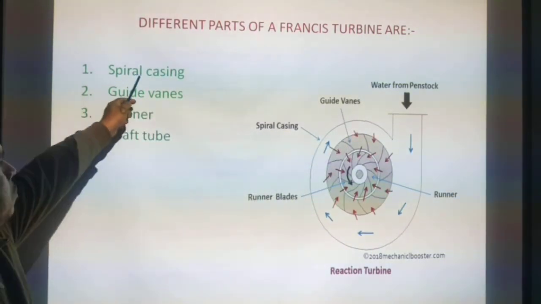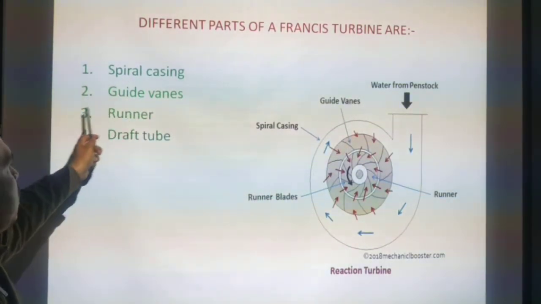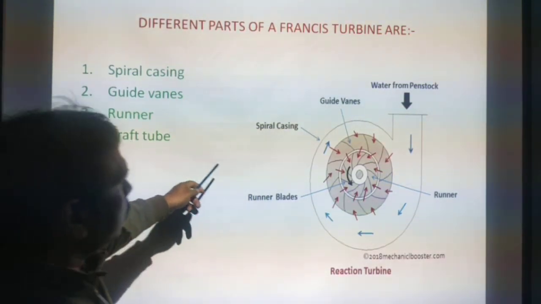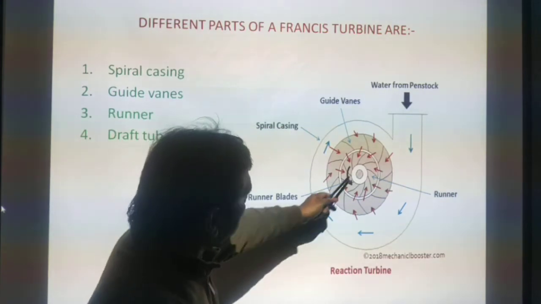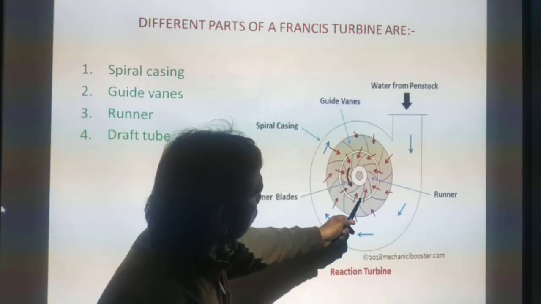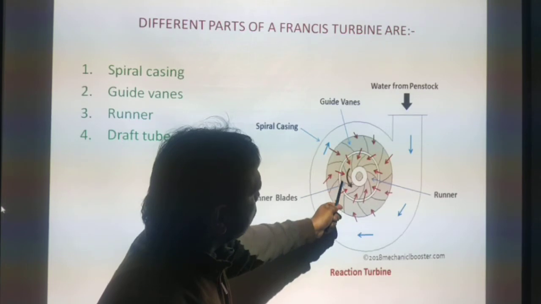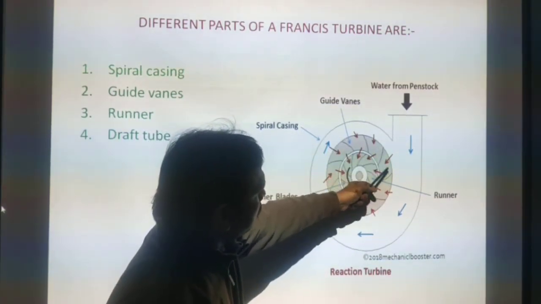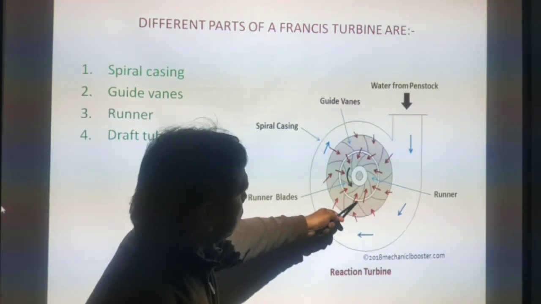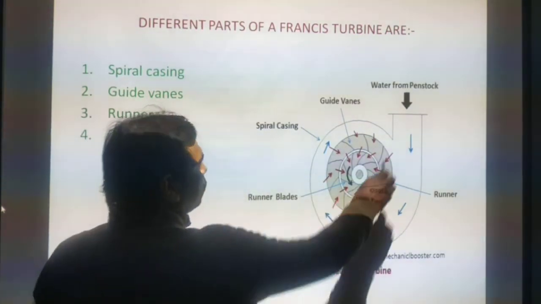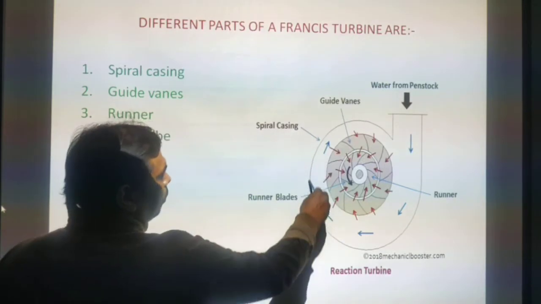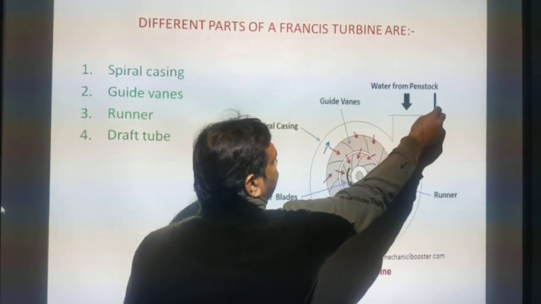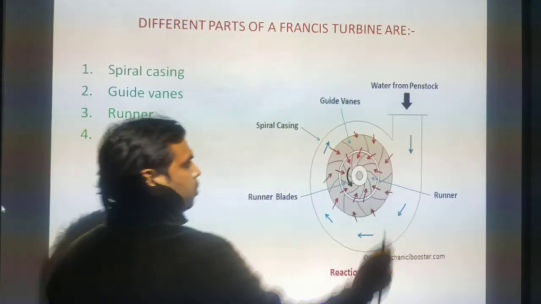These are the main four parts: one is the spiral casing, second is the guide vanes, third is the runner, fourth is the draft tube. So here is the runner, this portion. These are the guide vanes, and this is the spiral casing. And water enters the runner via a penstock.